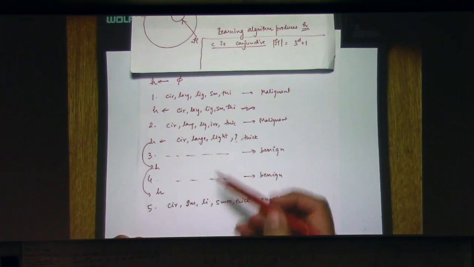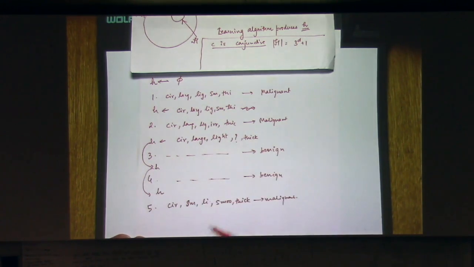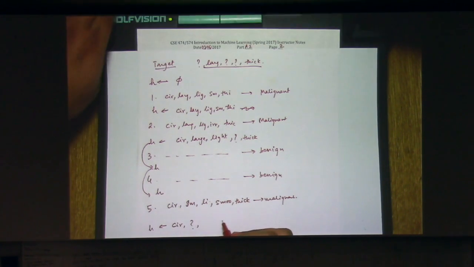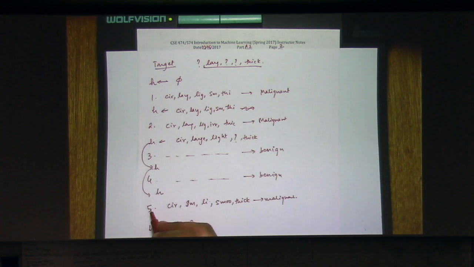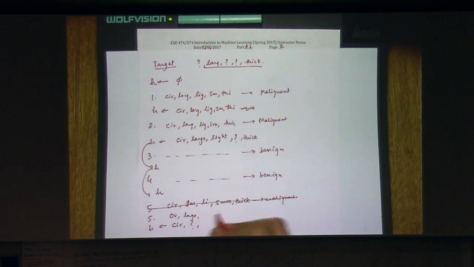Now what you will do is take a pairwise AND of H with this one, and then you get H as circular, question mark, I made a mistake, sorry, this is not my malignant example. My malignant example is oval, large, light, irregular, thick, okay?